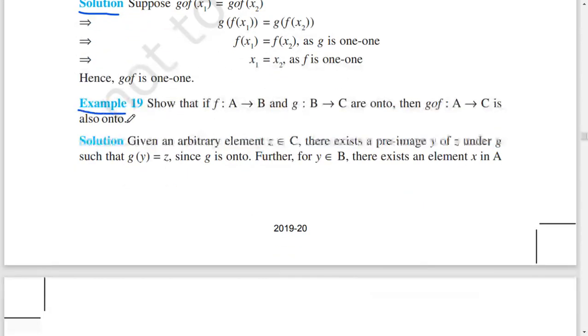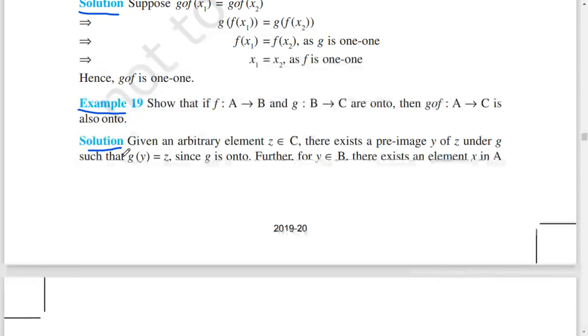Example 19: Show that if f: A → B and g: B → C are onto, then gof: A → C is also onto. Solution. Given an arbitrary element z belongs to C, there exists a pre-image y of z under g such that g(y) = z, since g is onto.